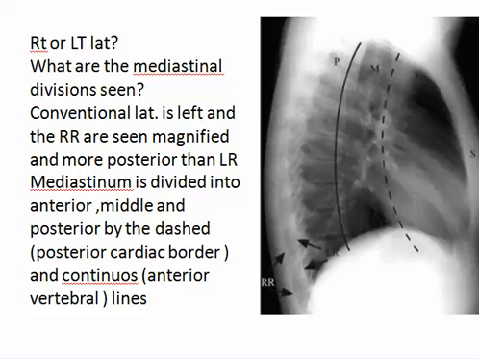Here, a line drawn along the anterior vertebral column and a line drawn along the posterior cardiac border divide the mediastinum into three: anterior, including the heart and some vessels; the middle, including the trachea and the descending aorta with the esophagus and lymph nodes; and posteriorly is the posterior mediastinum.